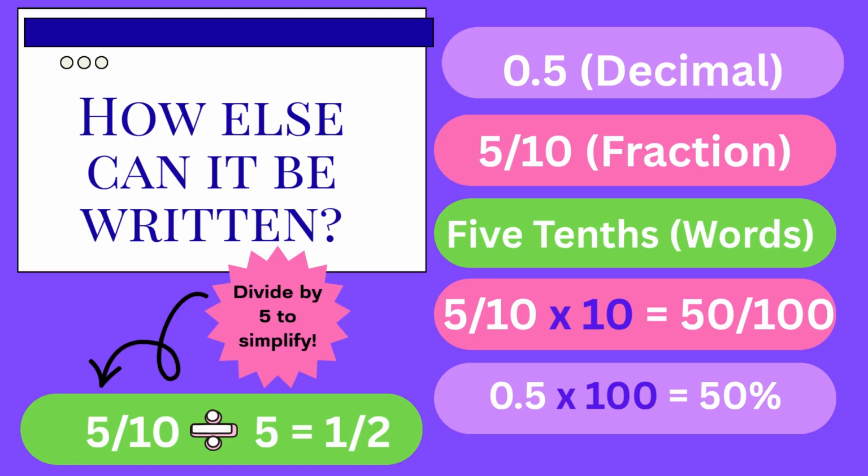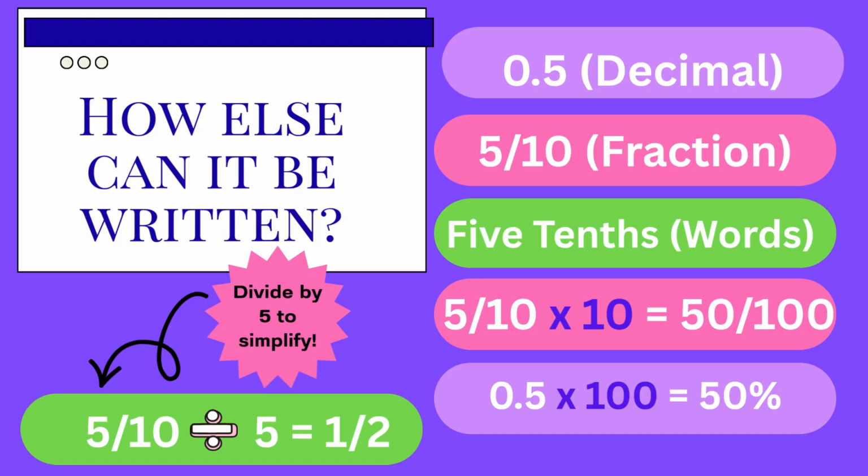Understanding how tenths relate to hundredths is crucial for working with decimals. 5/10 can be expressed in multiple equivalent forms. As a decimal, it's 0.5. As a fraction, it can be written as 5/10 or 50/100. These fractions are equivalent because they represent the same amount.